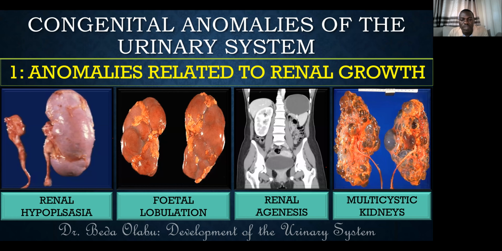You can have hypoplasia with 50% function, 10% function, 0% function. So it will depend on the level of the hypoplasia. If it is severe hypoplasia with 0% function, then it means that there'll be no postnatal survival.